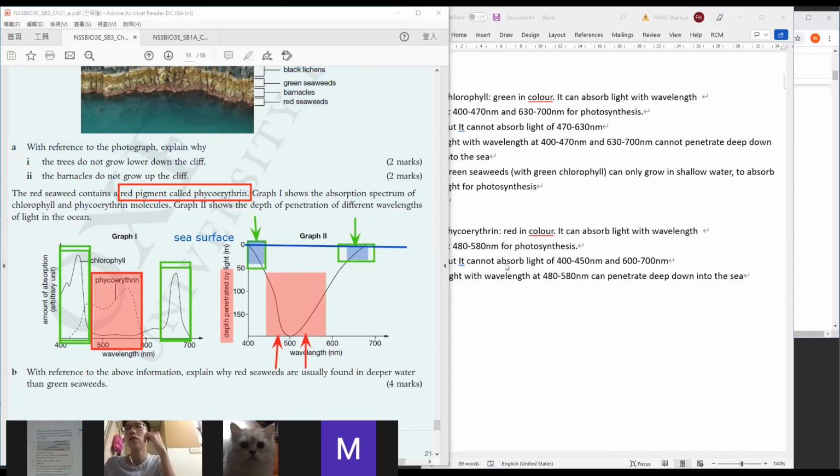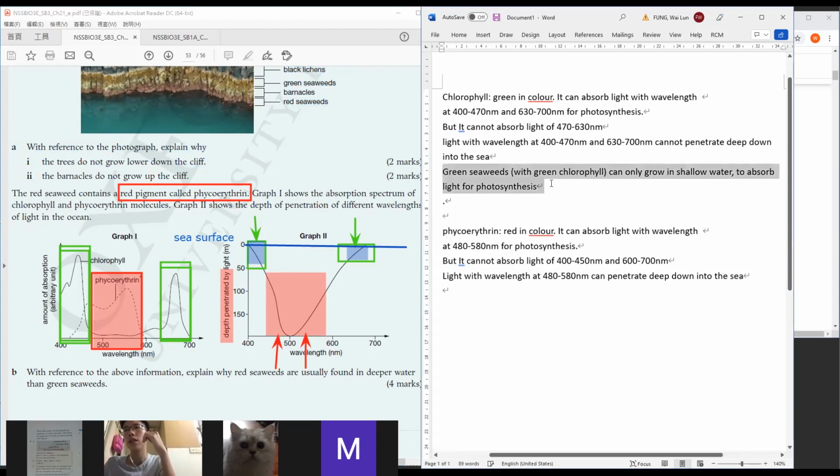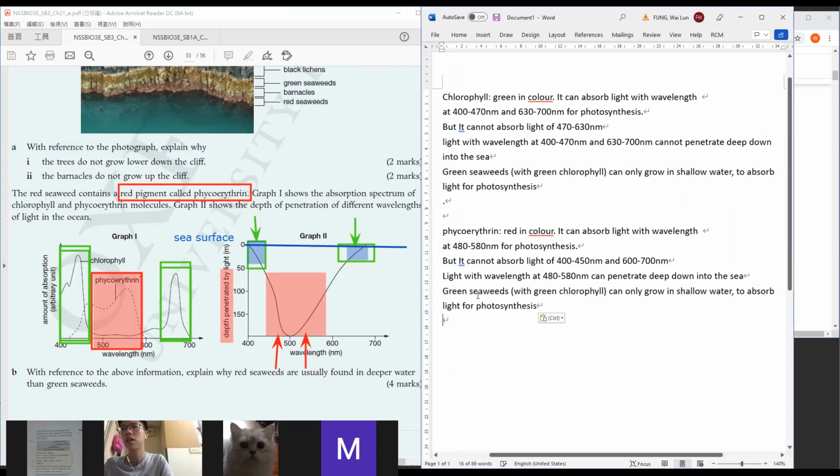Okay, so the red seaweeds with red phycoerythrin can grow in deep water.